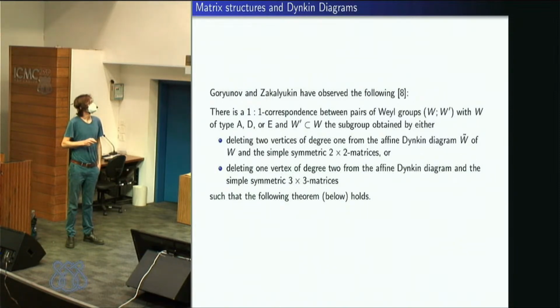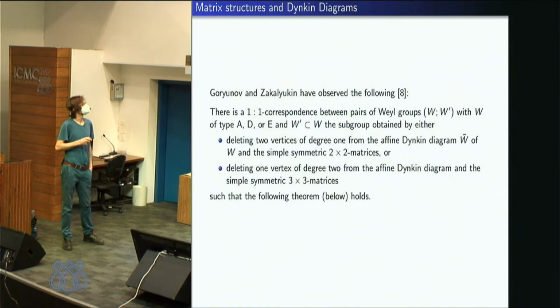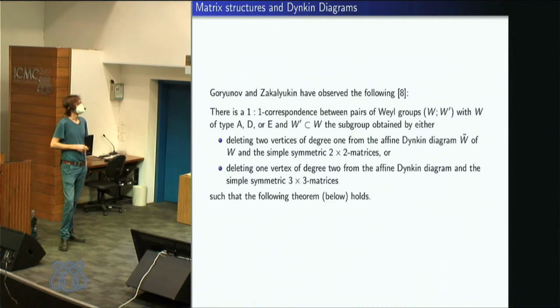So not all pairs of Weyl groups appear here, but they are related to certain operations on the Dynkin diagrams, which is either deleting two vertices of degree 1 for the 2x2 matrices, or deleting one vertex of degree 2 from the affine Dynkin diagram to get a 3x3 matrix structure.